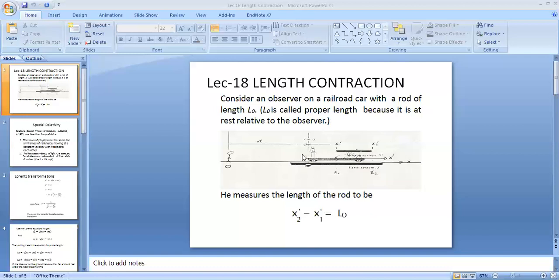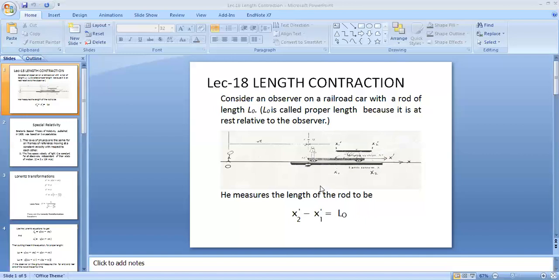This observer measures the length of the rod to be L naught equal to x2 dash minus x1 dash, where the rod is lying along the x-axis. The difference in the two x coordinates gives the total length of the rod, and this is the proper length because this observer is stationary with respect to the rod.